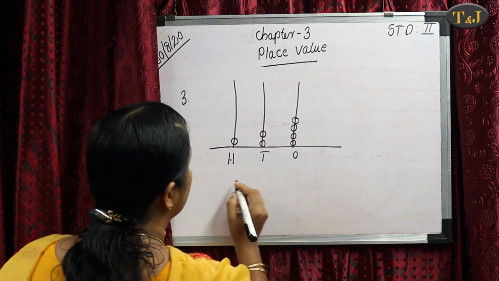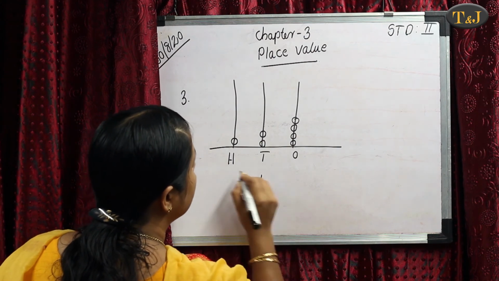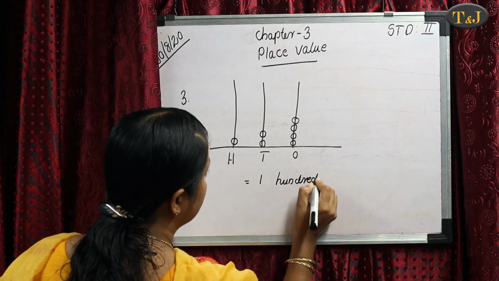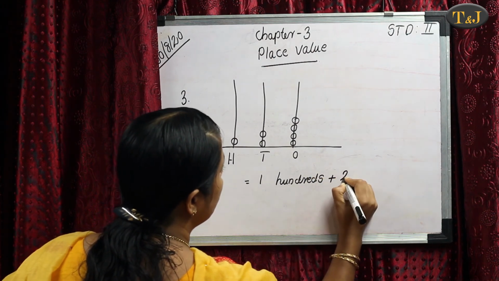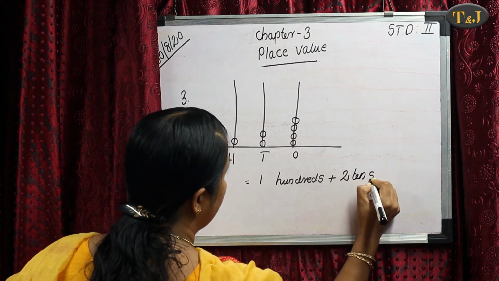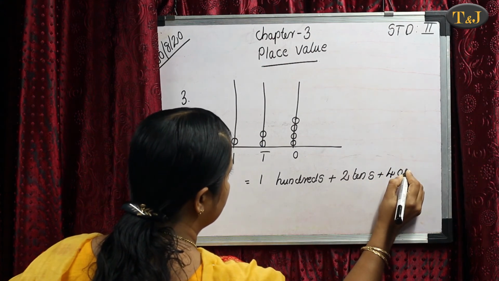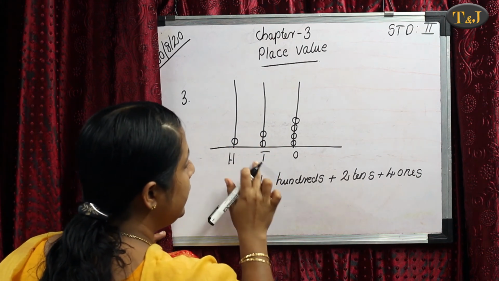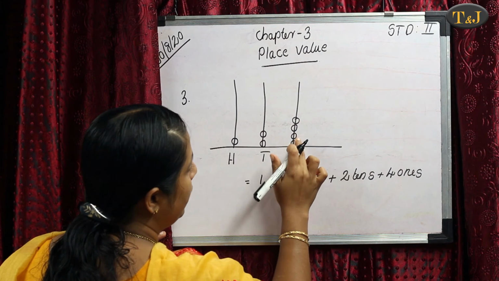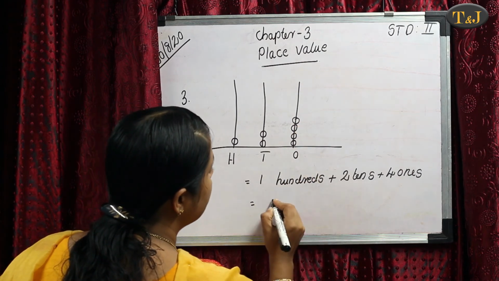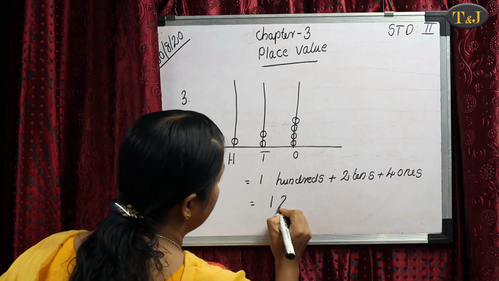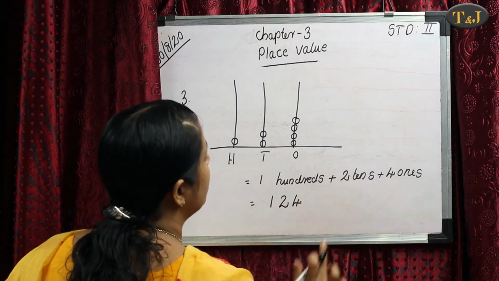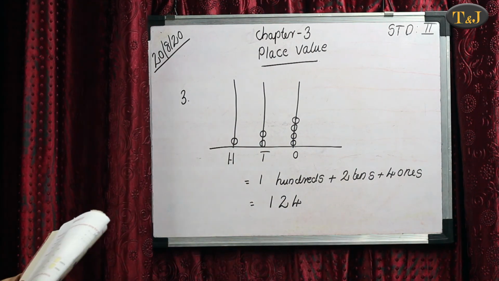So we write 1 hundred plus 2 tens plus 4 ones. So our value is 124. That means write only the numbers 1, 2, 4. So our number is 124.